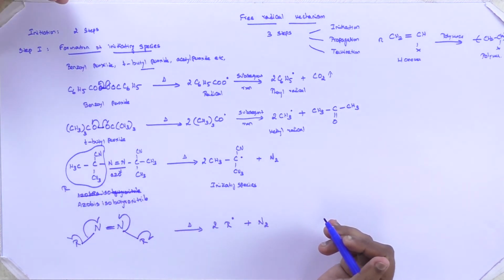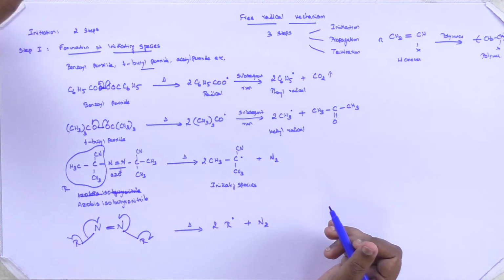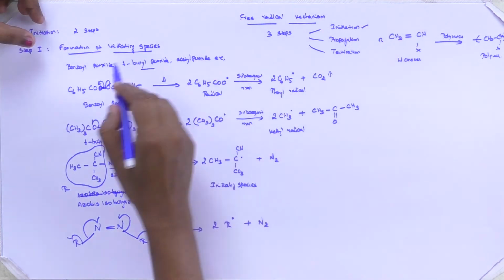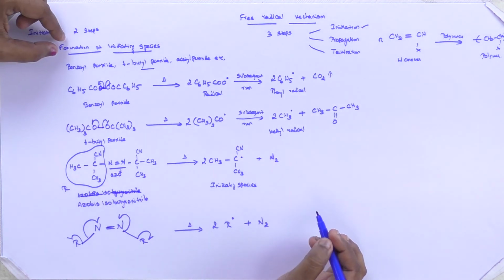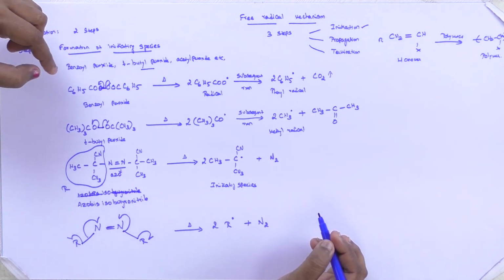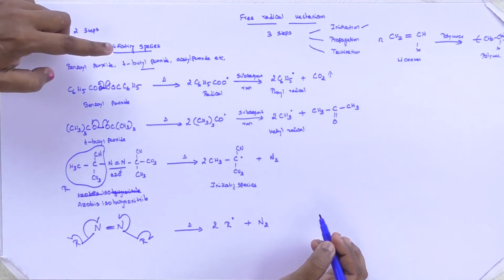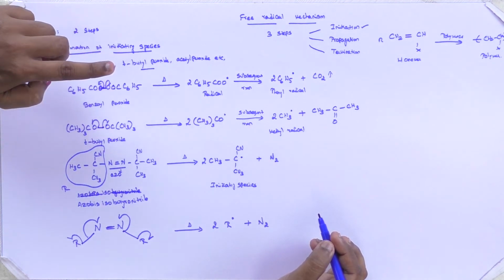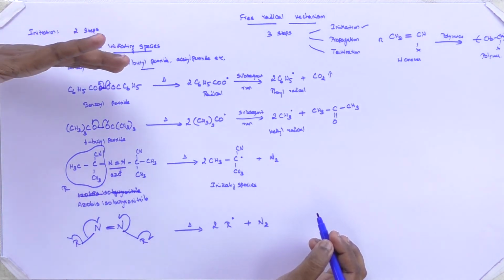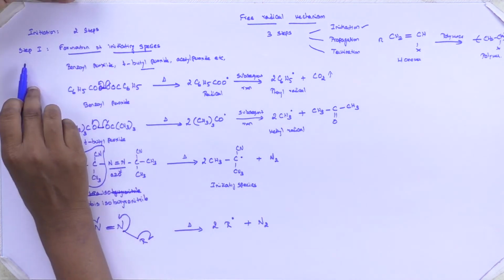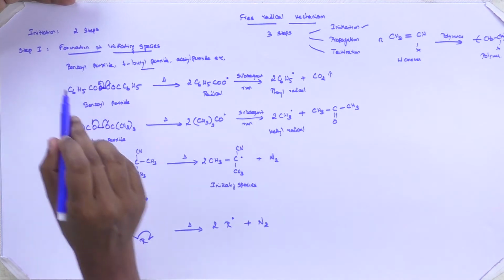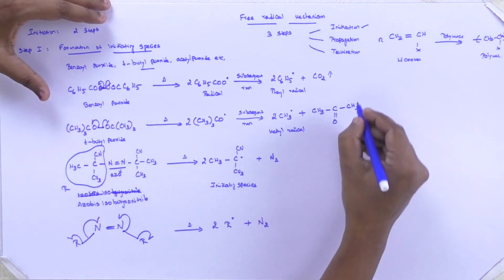A free radical mechanism involves three steps. The first step is initiation, and in initiation we have the formation of the initiating species. For that you take the catalyst such as benzoyl peroxide, tertiary butyl peroxide or acetyl peroxides. Let us call these initiators. We take the initiators. This is step 1 of initiation. Then comes step 2 of initiation.